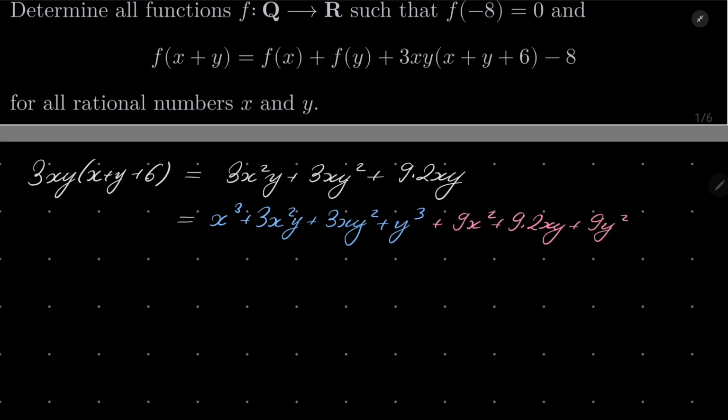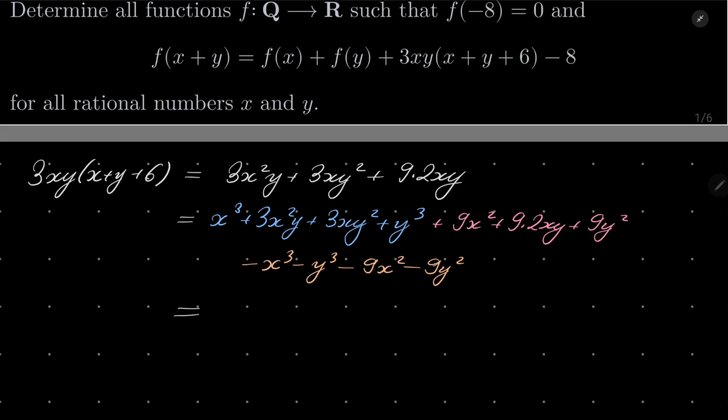But now I have introduced x cubed, y cubed, 9x squared, 9xy, and 9y squared. So I have to subtract x cubed, y cubed, 9x squared, and 9y squared to balance this expression. And after doing that, let's take a look.